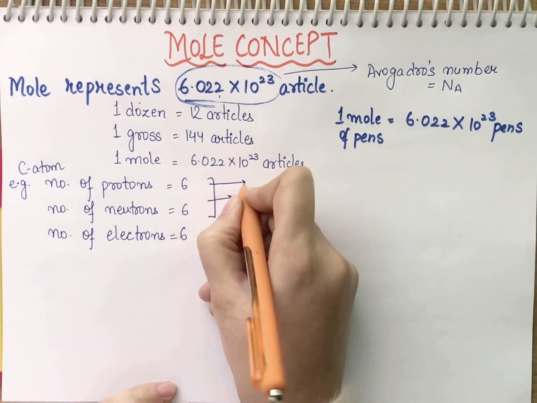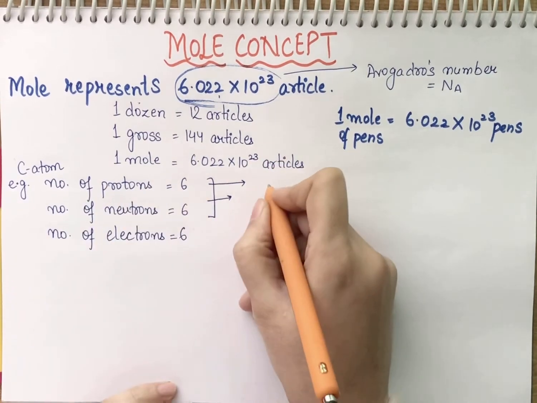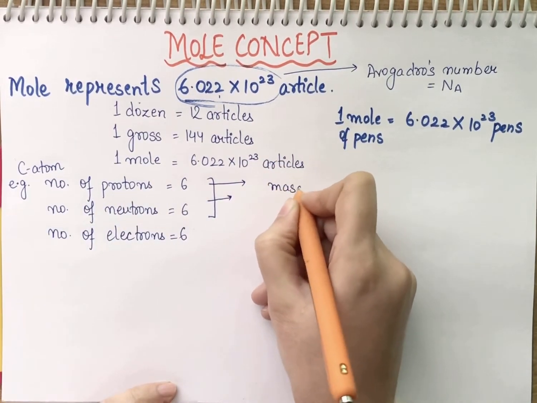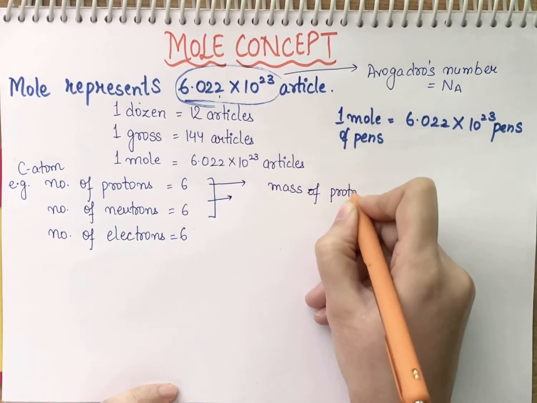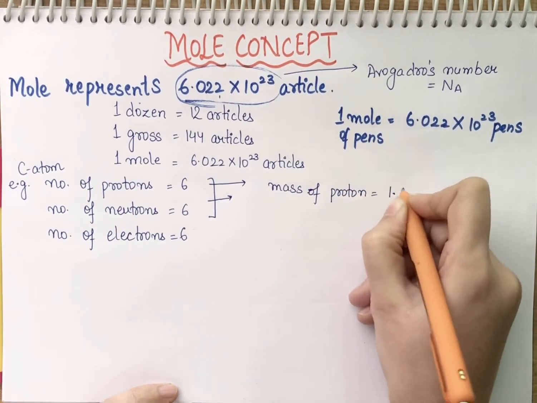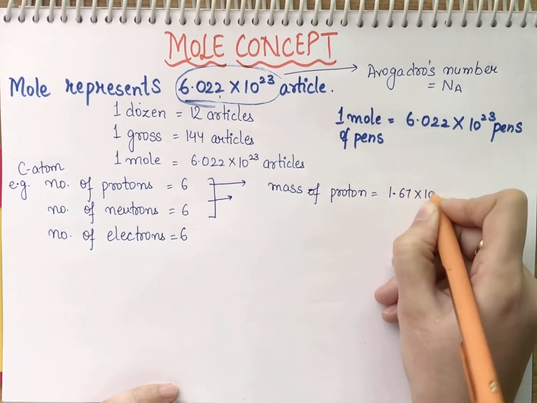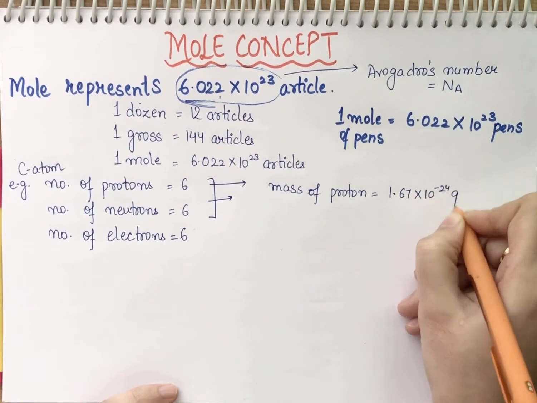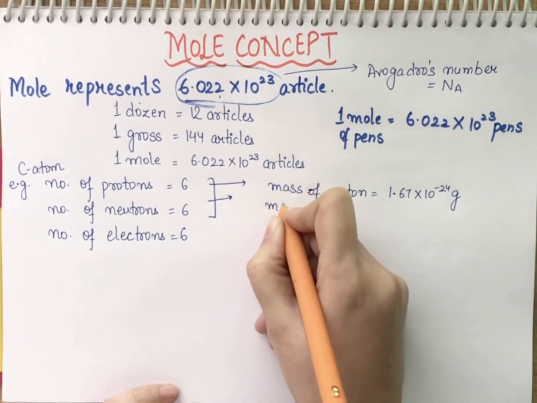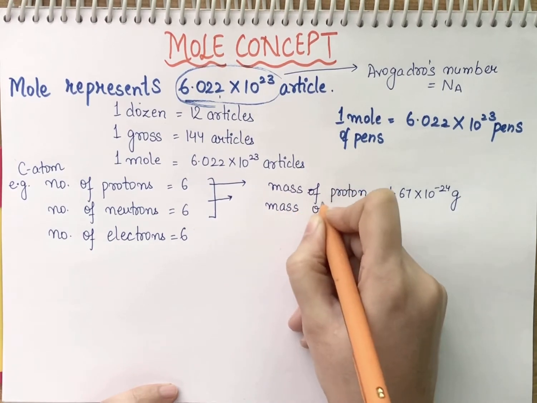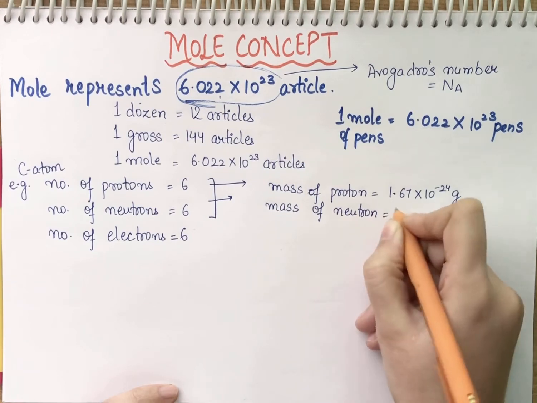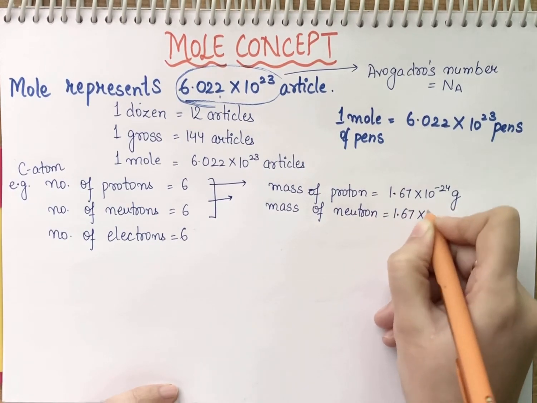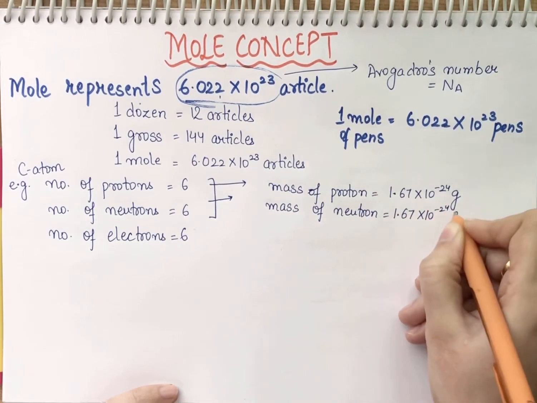Now I know that mass of 1 proton equal to 1.67 into 10 raised to power minus 24 gram, right? And mass of neutron is also same, that is 1.67 into 10 raised to power minus 24 gram.